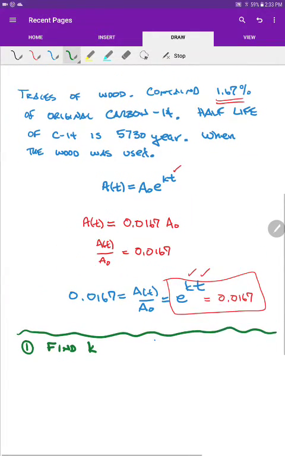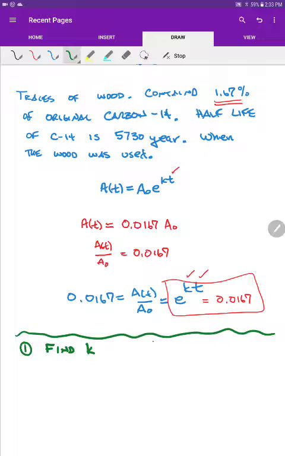So how do we go about doing that? Well, we can look at our problem again, and we find there's information here that says for C14, in 5,730 years, half of it gets used up. Half-life.